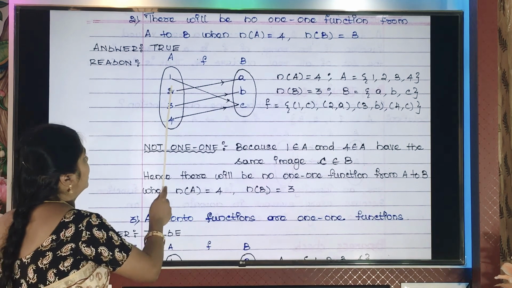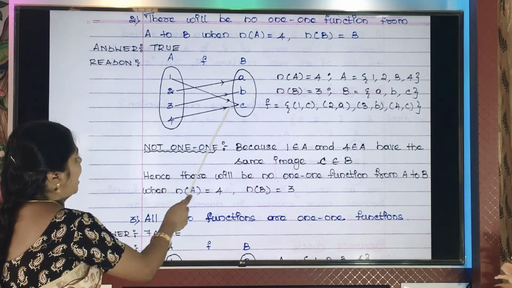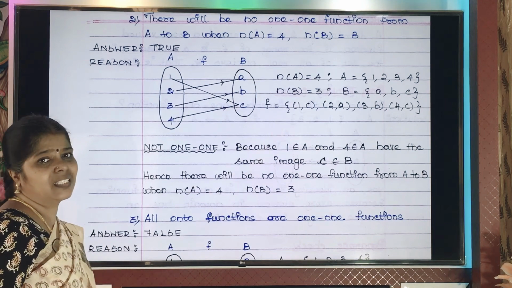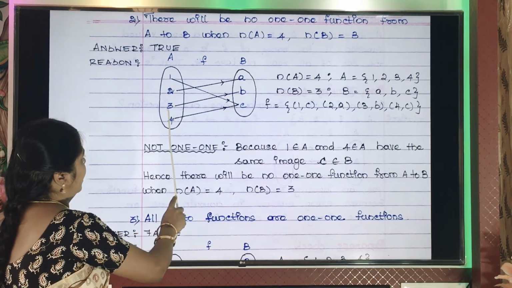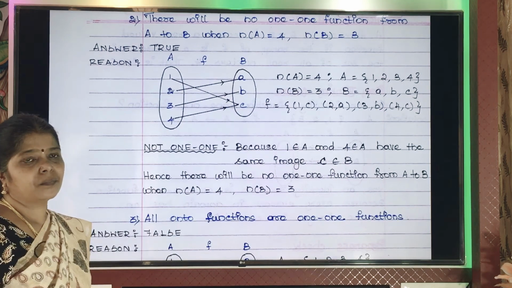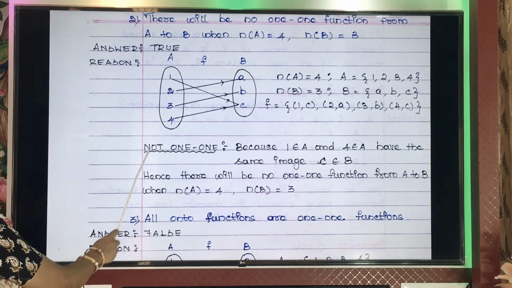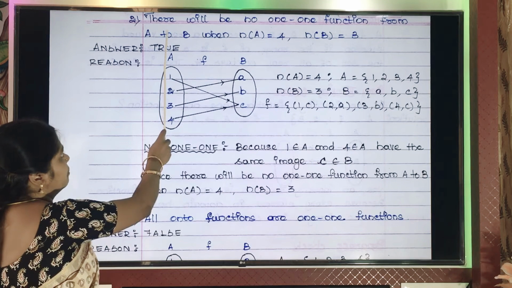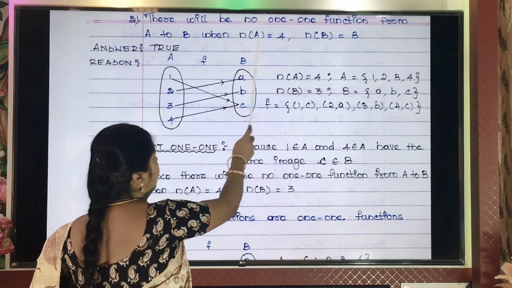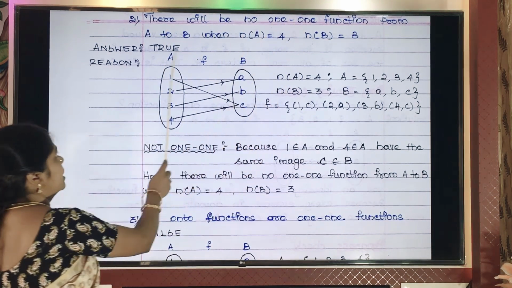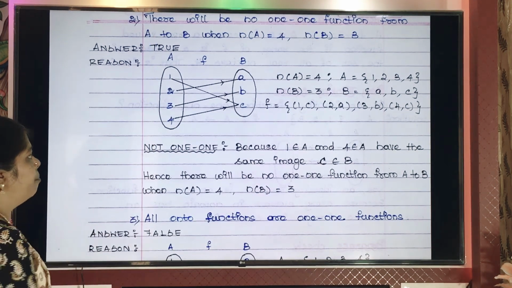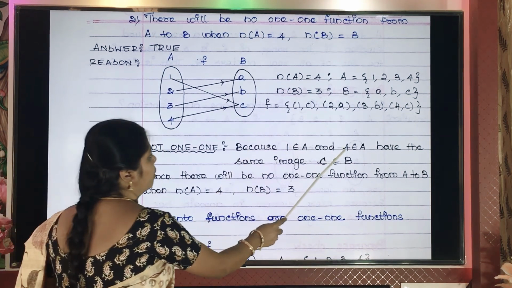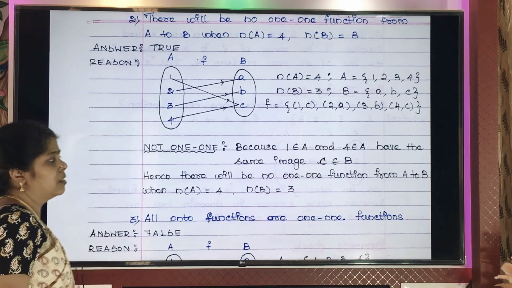Can you see here? 1 and 4 are having the same image C. 2 is getting A and 3 is getting B. So this is not 1 to 1. They have told there will be no 1 to 1, so what they say is correct. So the answer is true. Why is it true? Because 1 and 4 are having the same image C.